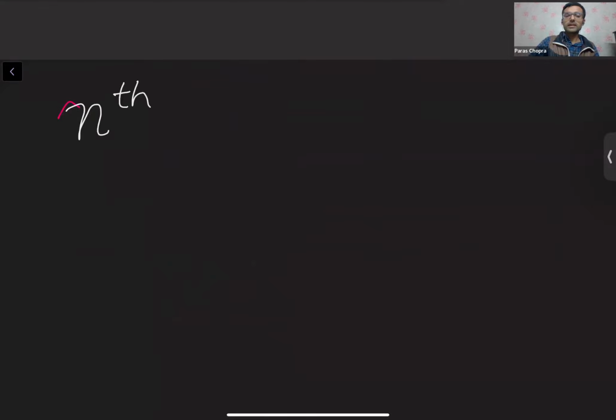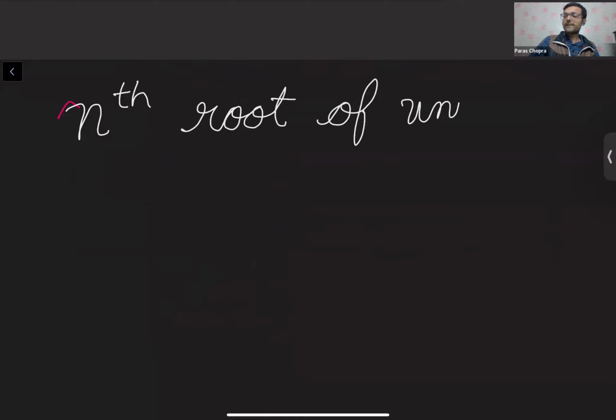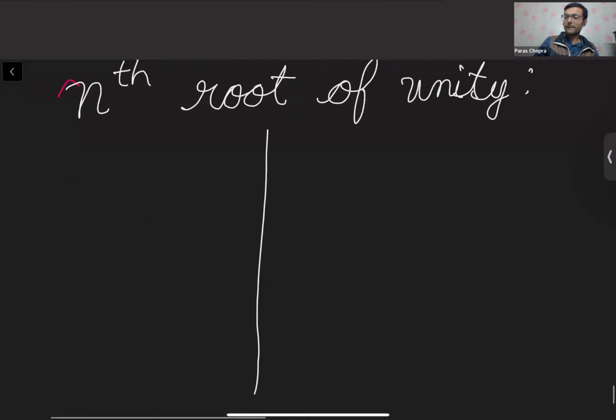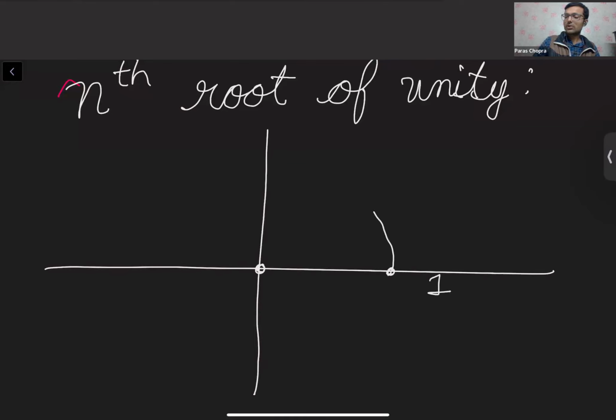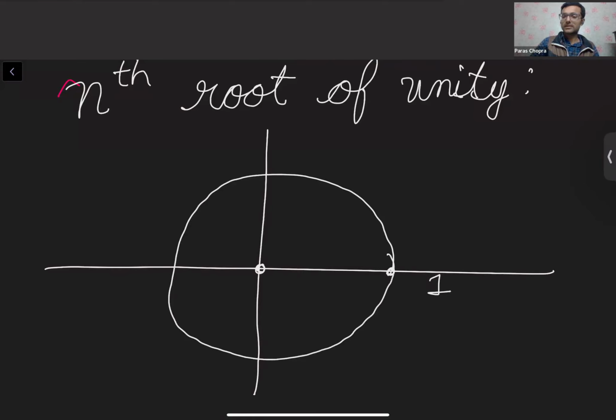Okay. Suppose we have to calculate the nth root of unity. In the previous problem, we had calculated the third root. Suppose we need to calculate the nth root of unity. Then how will you draw it on the complex plane? So you have +1. Now you will draw a circle like this, and then you will divide your circle into n different parts.